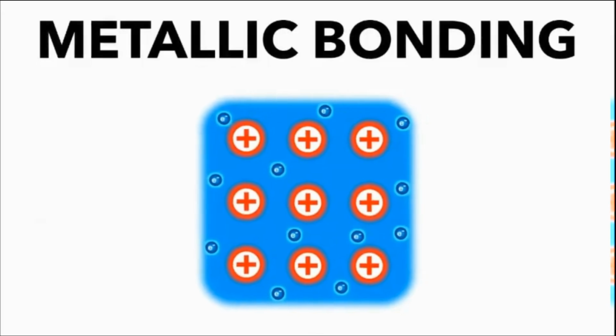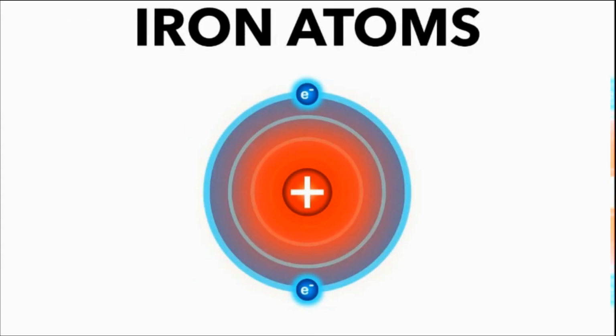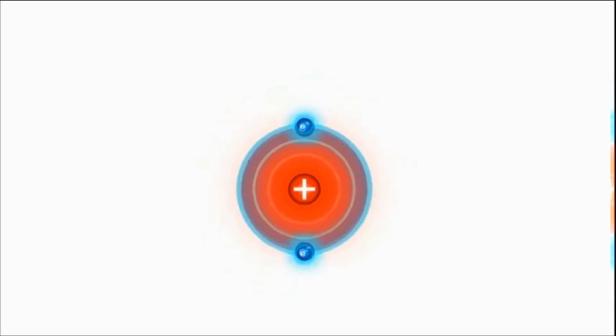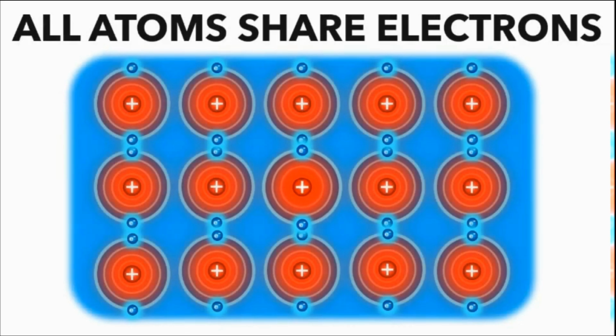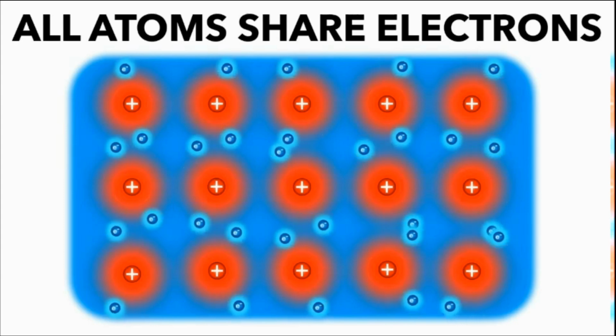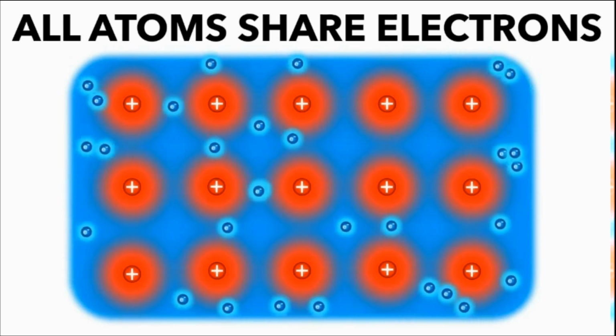So this is the reason, if you remember, with metallic bonding. Metallic bonding is one of the strongest bonds. Now if you see, for example, iron atoms, they get together in a special metal lattice in which all the atoms share electrons, and all of these electrons are moving around.